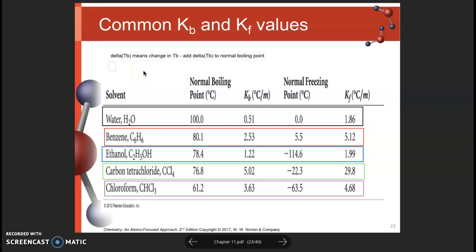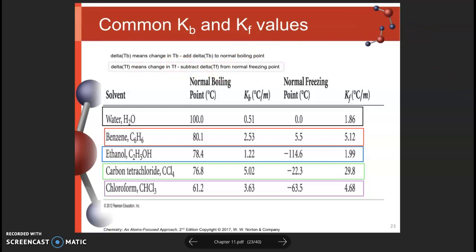And the same thing for the freezing point. Delta Tf means a change in the freezing point. But since this is a depression, we will subtract the freezing point depression from the normal freezing point to find out how far depressed the value actually is.